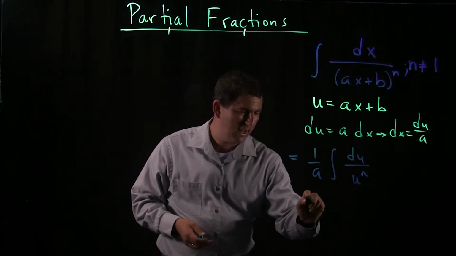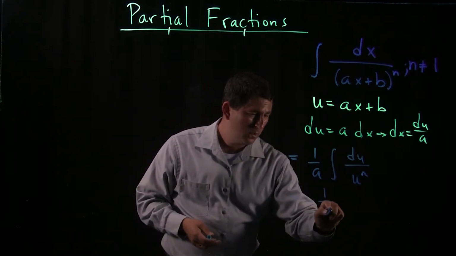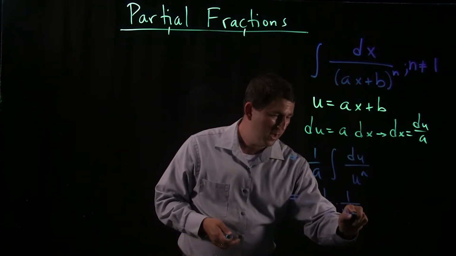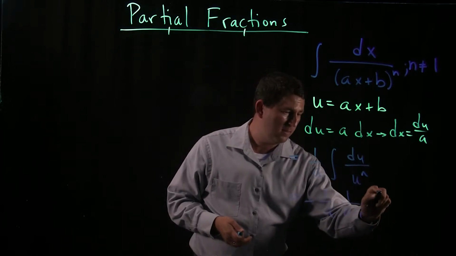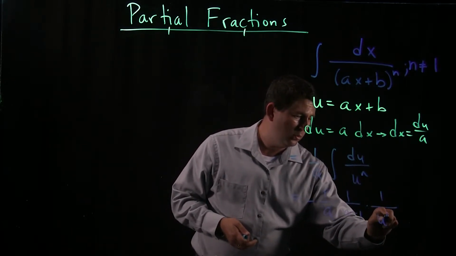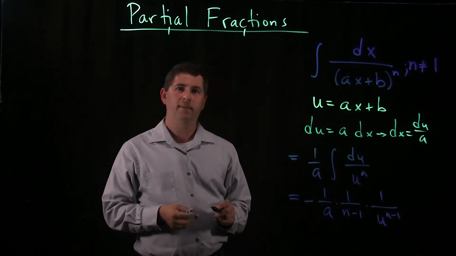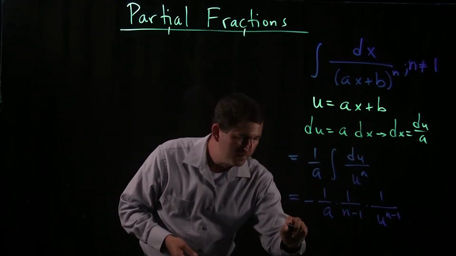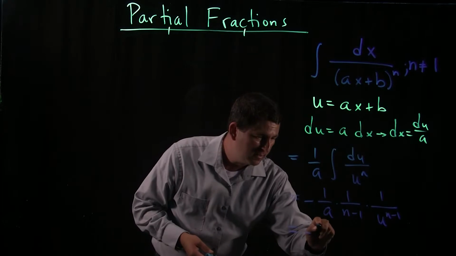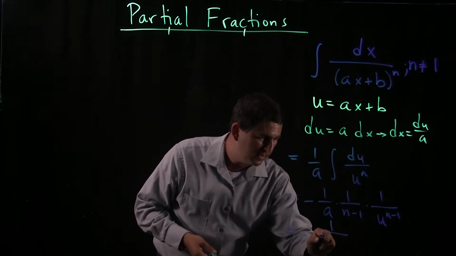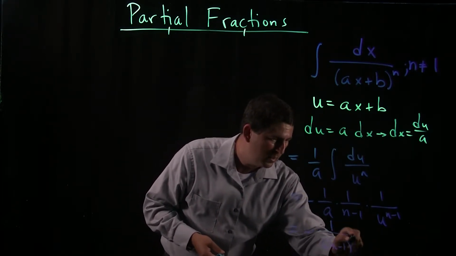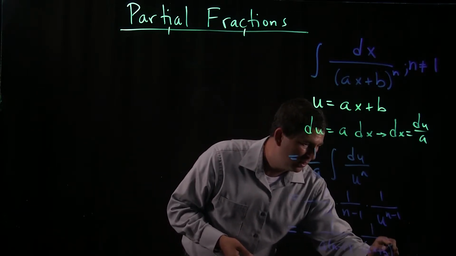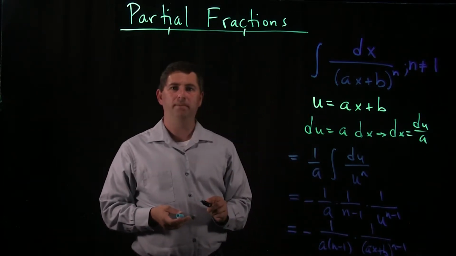If I use the power rule, I get negative 1 over a times 1 over n minus 1 times 1 over u to the n minus 1. And now I can replace u by ax plus b, and I end up with negative 1 over, and I'll combine these, a times n minus 1 times 1 over ax plus b to the n minus 1.